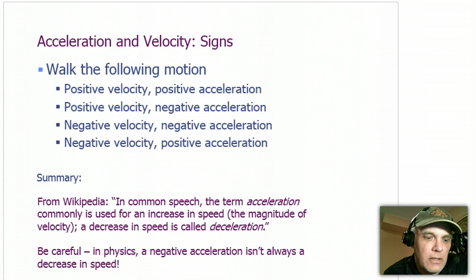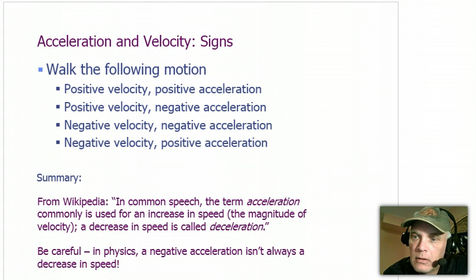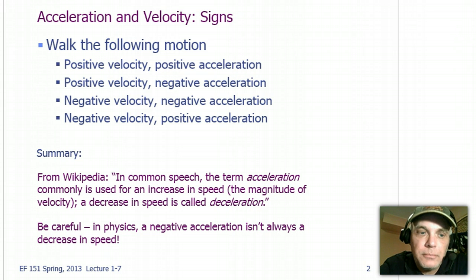This is a little bit of discussion that we've done already before. I'm not going to try and get up and walk the motion, but we'll try and describe it here. We've mentioned the fact that the sign of the acceleration, whether it is positive or minus, has to relate to the sign of the velocity to tell you whether you're speeding up or slowing down.